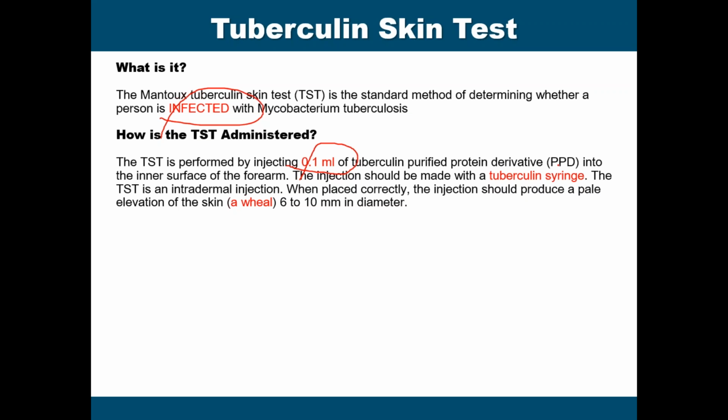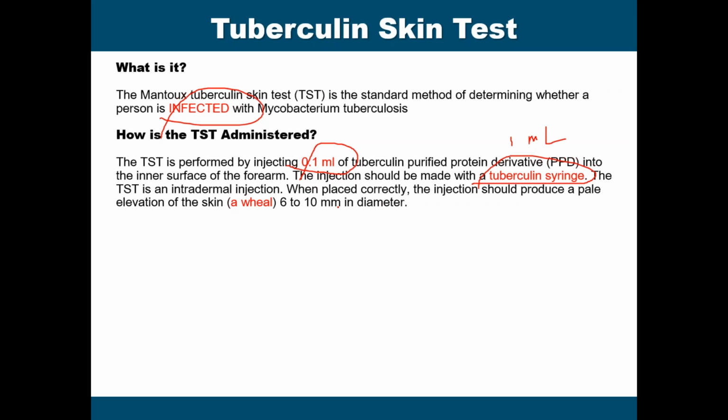Now, the injection should be made with a tuberculin syringe. So you're not using any other types of syringes, but the tuberculin syringe is the one that's being used. And remember that a tuberculin syringe is equivalent to 1 ml.